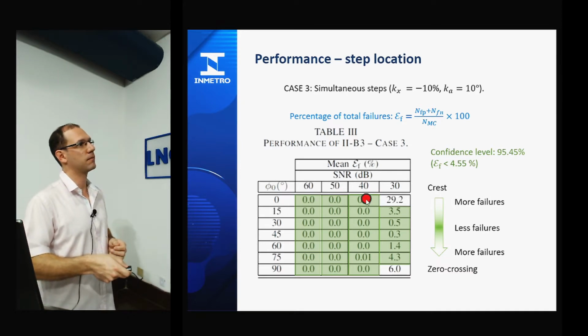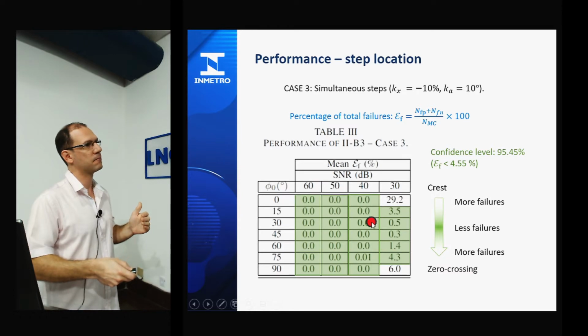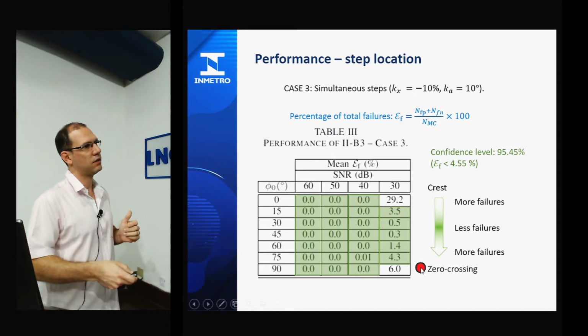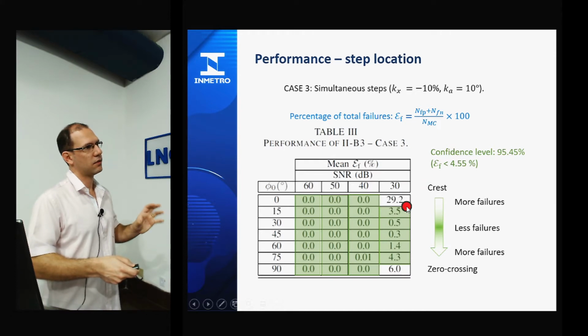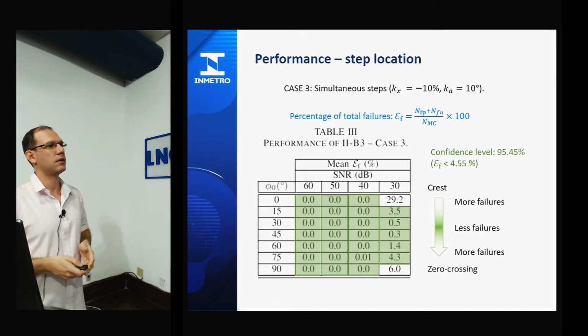We have better performance for most of the cases, and also for 30 dB, but we have more failures near the crest and near the zero crossing. So we have a mixed result as a result of using both detectors at the same time.